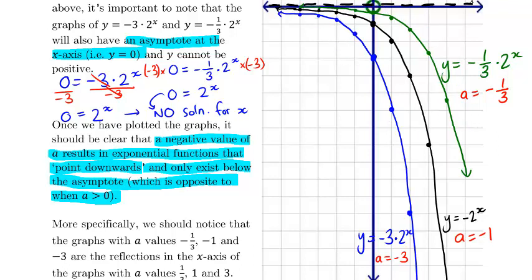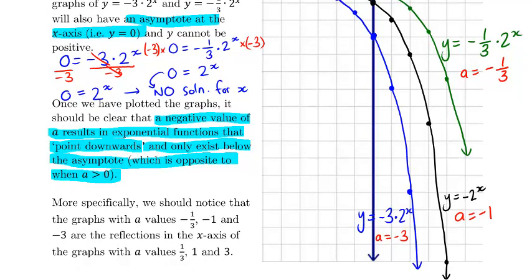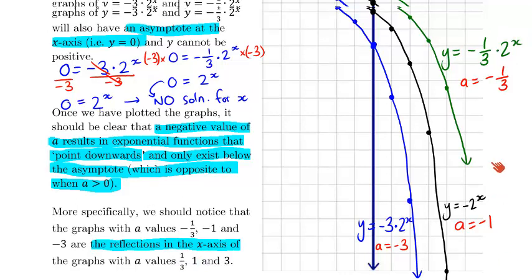Now, more specifically, something very interesting has happened here, guys. We should notice that the graphs with a values minus 1 over 3, minus 1, and minus 3 are the reflections in the x-axis of the graphs with a values 1 over 3, 1, and 3. Yes, that's right, guys.